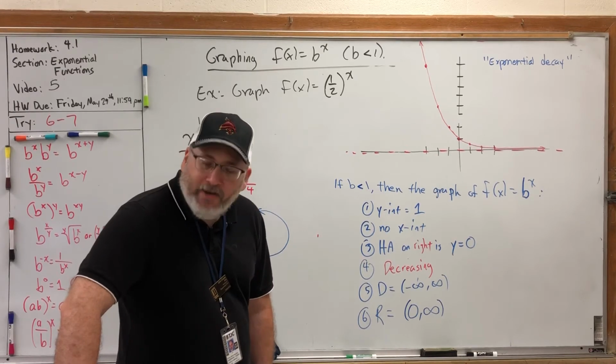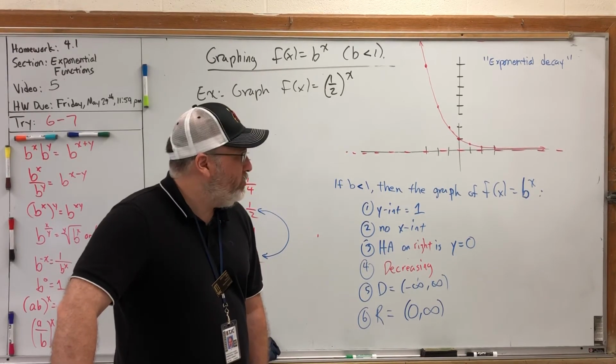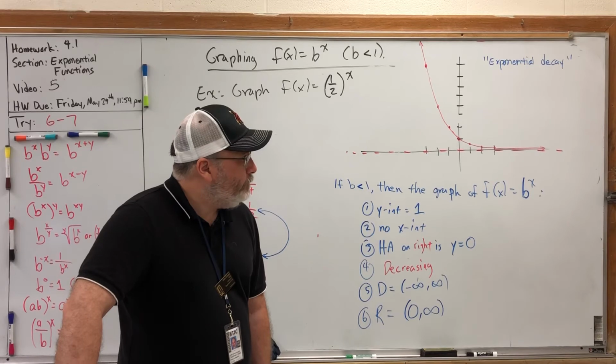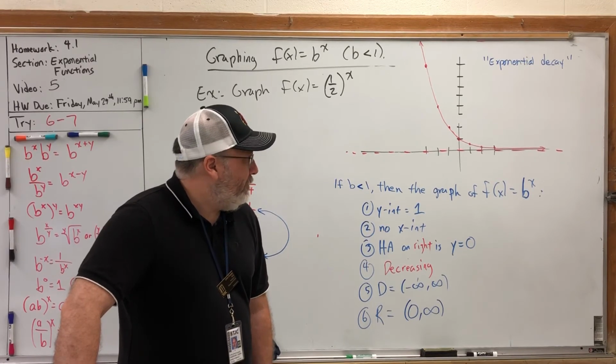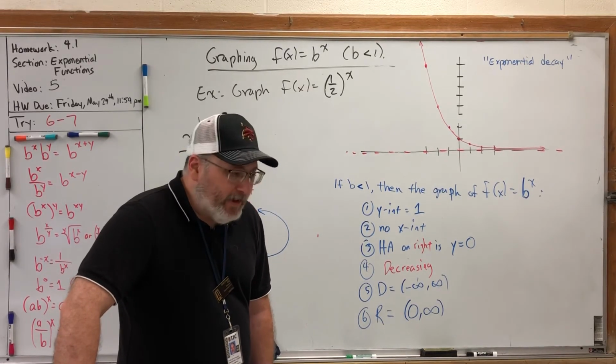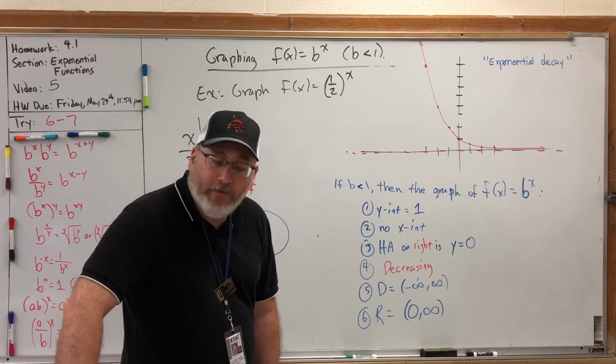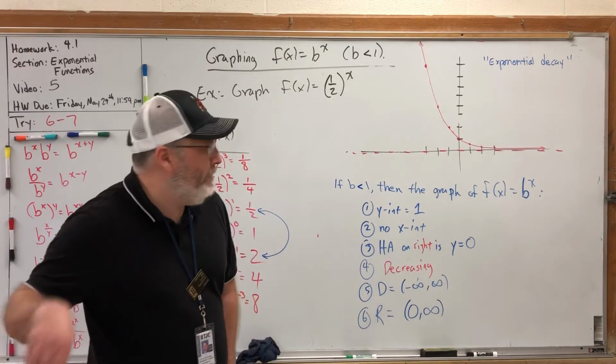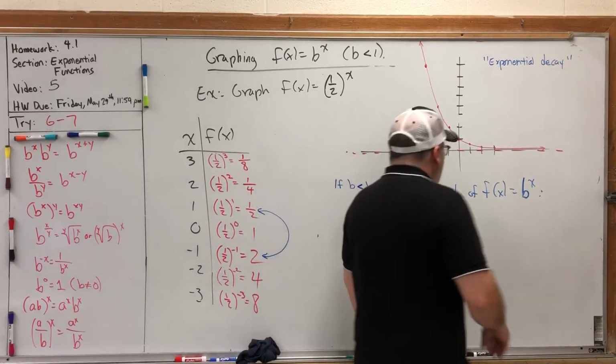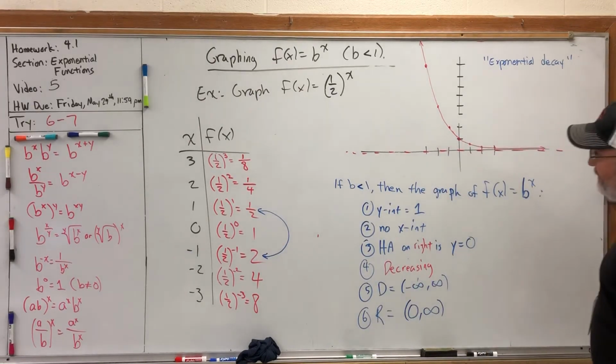Half-life of radioactive elements decay exponentially. The value of things, and what's the other one I said? Oh, carbon. Carbon is really just another half-life issue, but those are a couple of examples of things that decay exponentially.